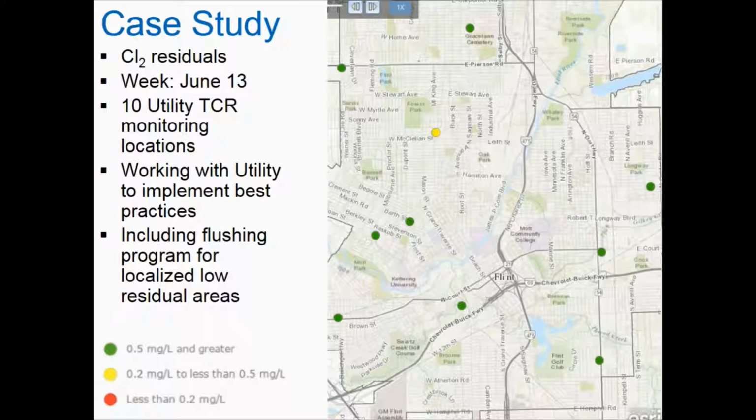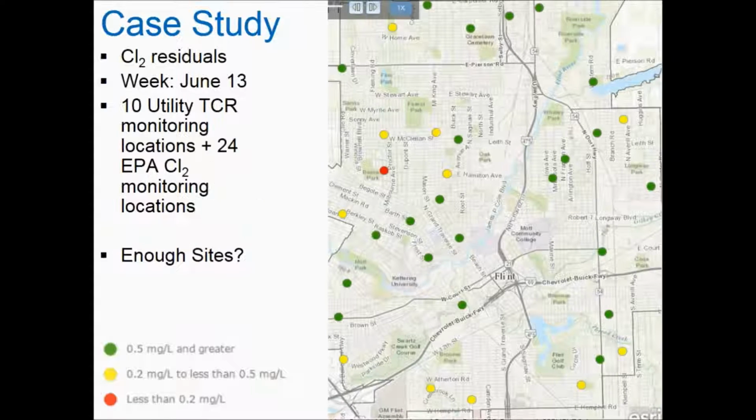And so looking here at the 10 sites, now look at the map, and we go to the next slide, and you see that when we incorporate the additional 24 sites, there's about 10 more yellow spots and one red. And so you get a slightly different picture of what's happening when you get into the neighborhoods. And so I write here "enough sites?" as somewhat of a rhetorical question.